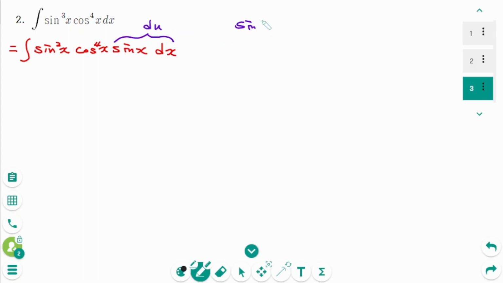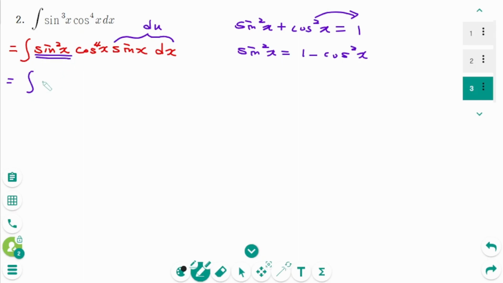Then sine squared x plus cosine squared x equals 1, so sine squared x equals 1 minus cosine squared x. Then back to the original: this part is 1 minus cosine squared x times cosine to the power of 4 x, then sine x dx. Then use u substitution.